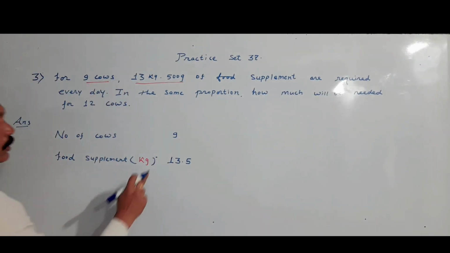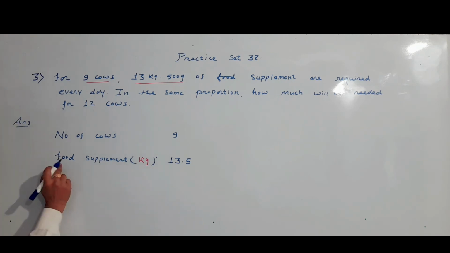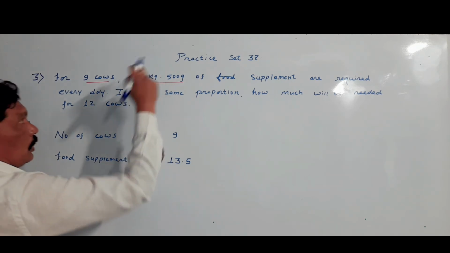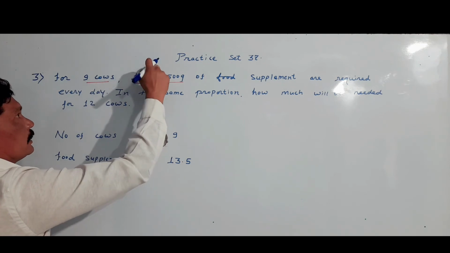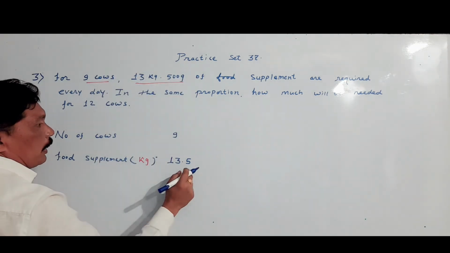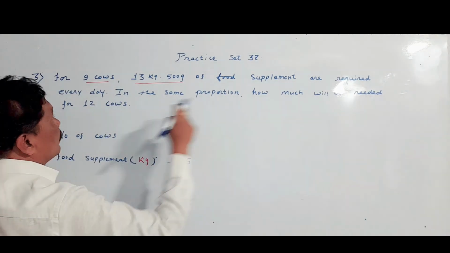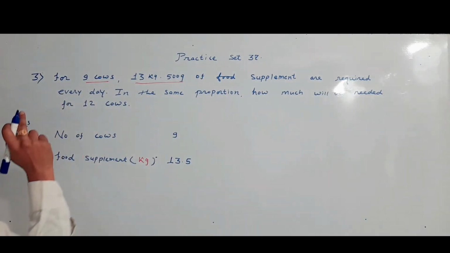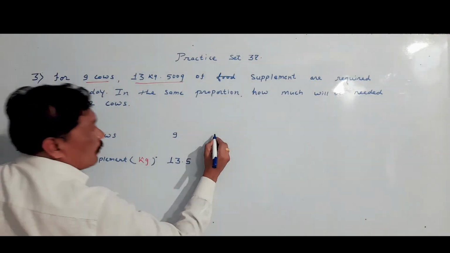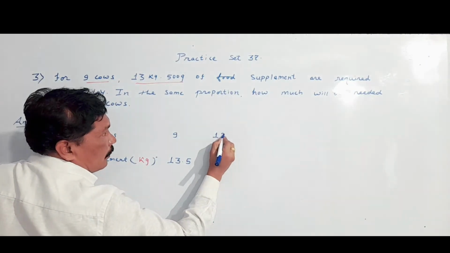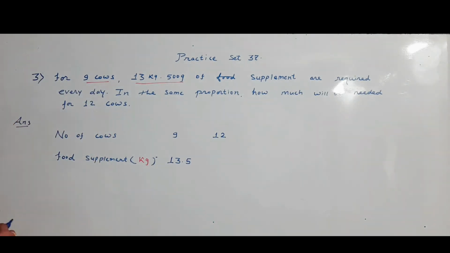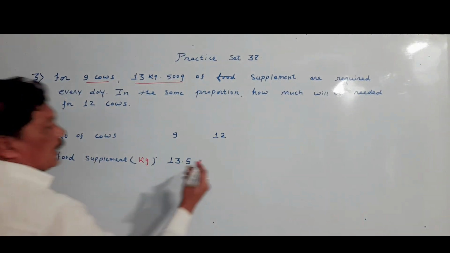I have converted gram into kg, and here I have written food supplement in kg. So 13 kg 500 gram will be 13.5 kg. So how much kg of food supplement will be needed for 12 cows? Let it be X.